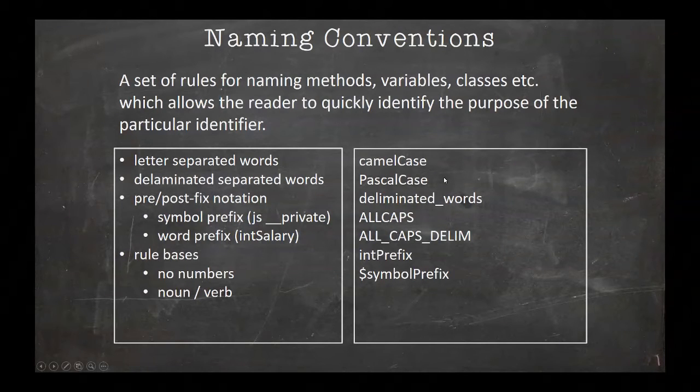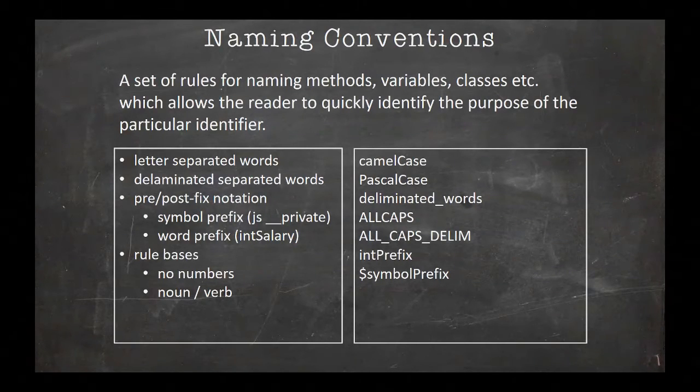There is also Pascal case, which is very similar to camel case, except the very first word also has a capital. There are delimiter-separated words, such as here with the underscore. The underscore is known as a delimiter. There is pre or postfix notation, and that means you have stuck something on the front of it.